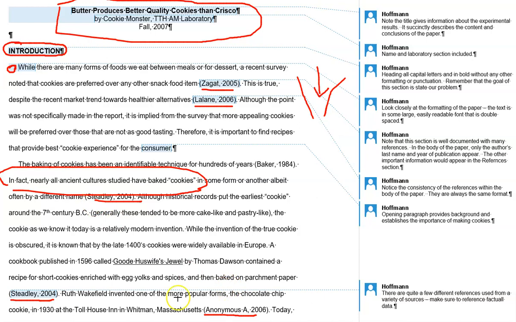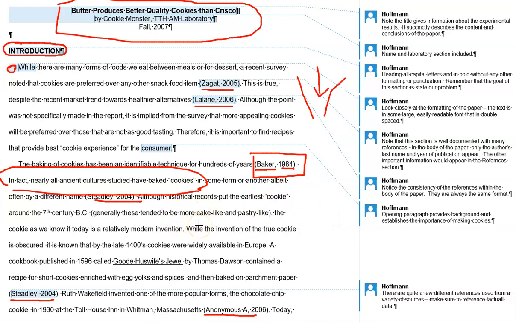Notice even in the historical references, they're well referenced. Look at this citation: it shows two things. One, the author's name, Baker, and then the date of publication. That's probably the easiest thing to do, put it in parentheses after.